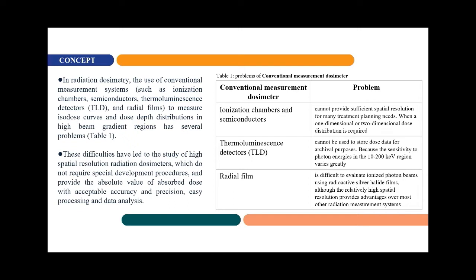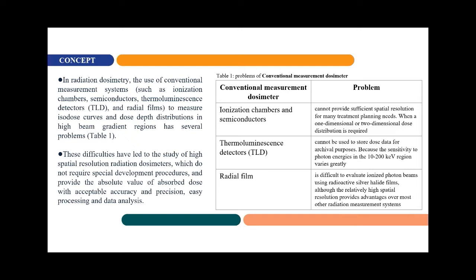Look at Table 1. These difficulties have led to the study of high spatial resolution radiation dosimeters, which do not require special development procedures and provide the absolute value of absorbed dose with acceptable accuracy and precision, easy processing, and data analysis.